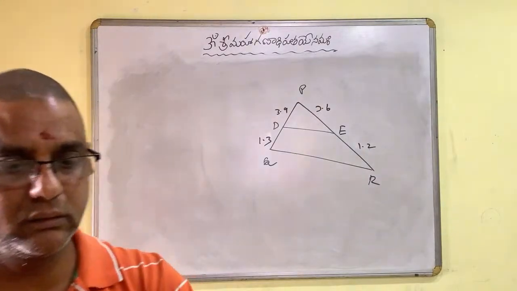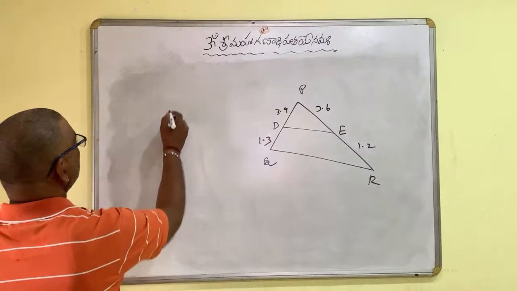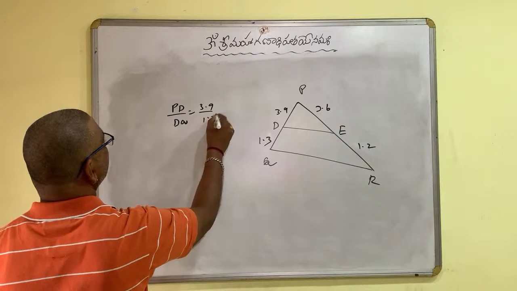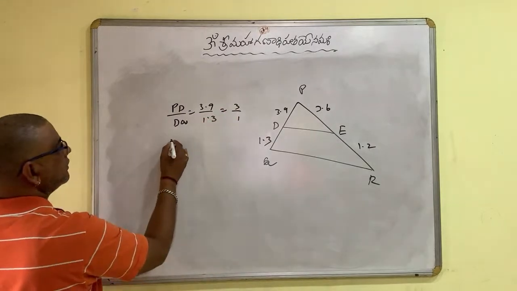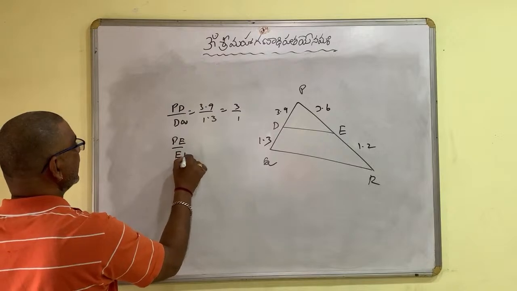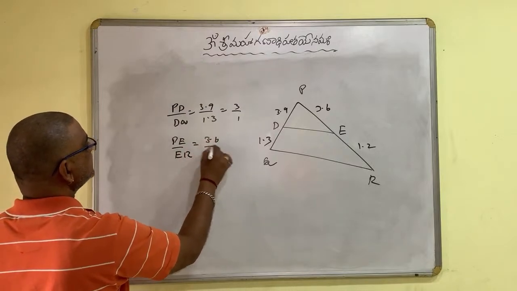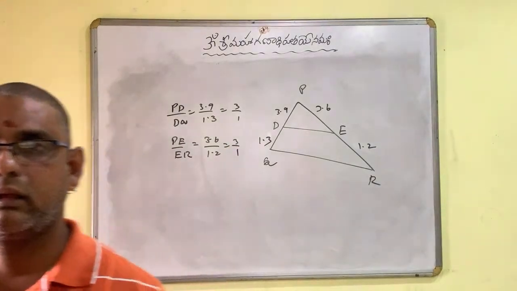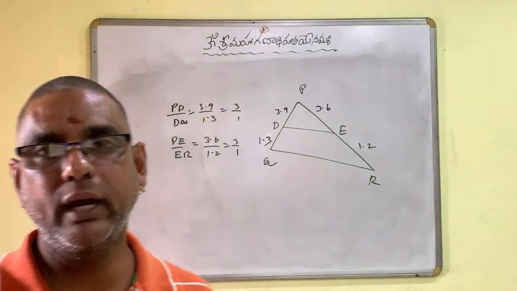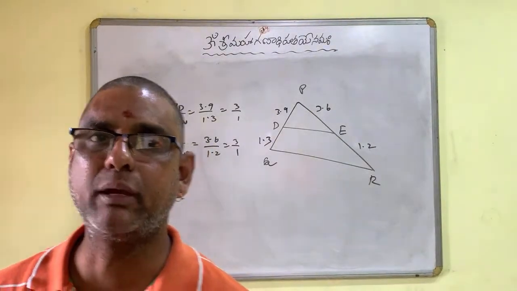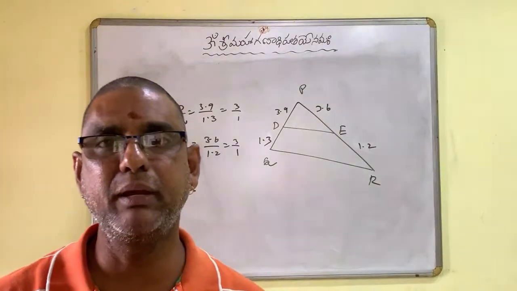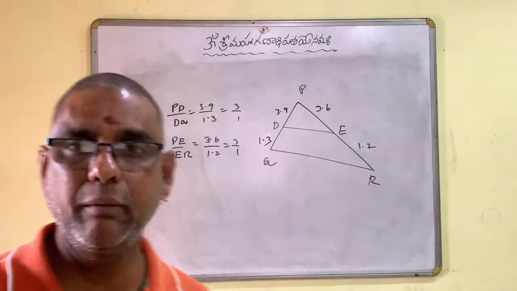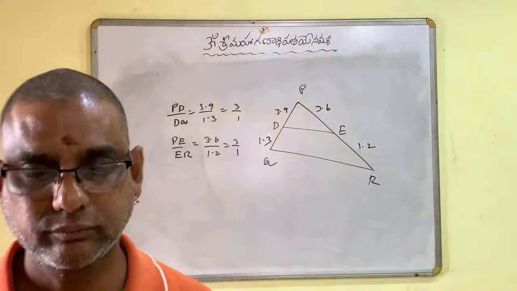Yes, because PD by DQ is 3.9 by 1.3, which is 3 by 1. PE by ER is 3.6 by 1.2, which is 3 by 1. Ratios are equal. So according to the converse of BPT, DE is parallel to QR. Okay, na?